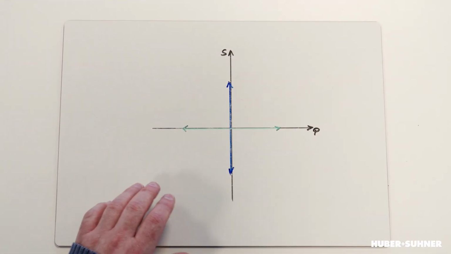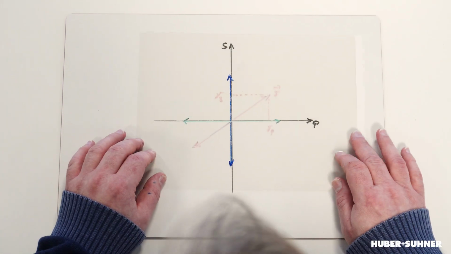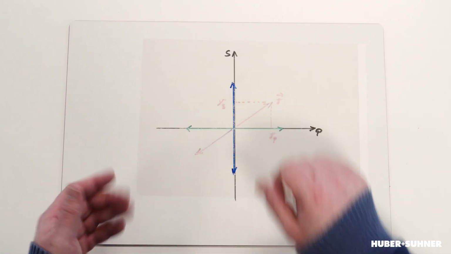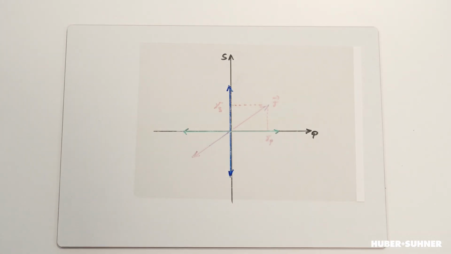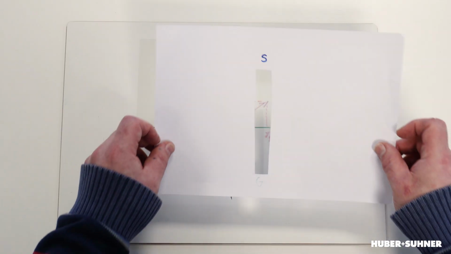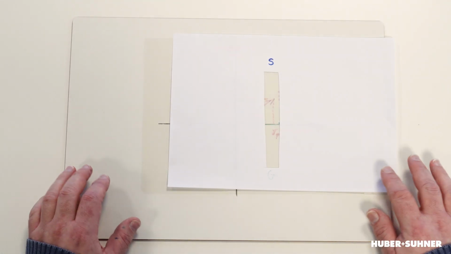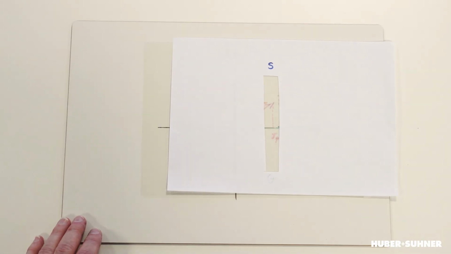And I've prepared it. If we now focus on this red plane, you can see it's a vector. This means it can be divided into 2 components. We can project it to the P plane down here, and we can project it to the S plane here. So if I now take the filter and put it here on the projection, you can see this component of the red arrow is passing the filter and the rest is blocked away.